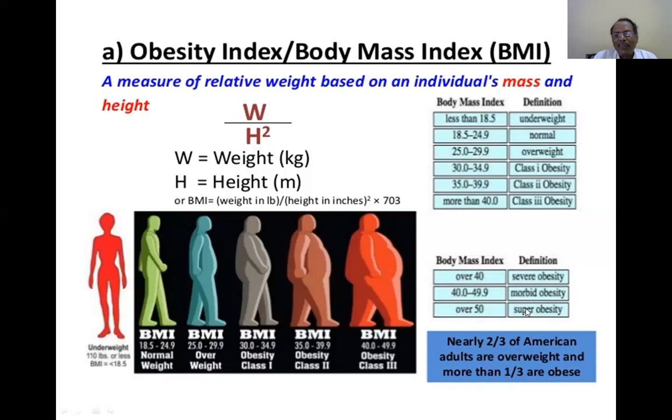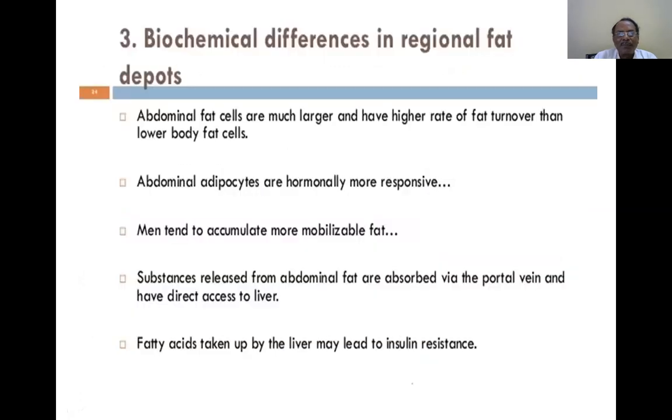You may have seen the Japanese sumo wrestlers. And then nearly two-thirds of American adults are overweight and more than one-third are obese. So this is the American scenario. And in India, obese people are not that many, but overweight is increasing.